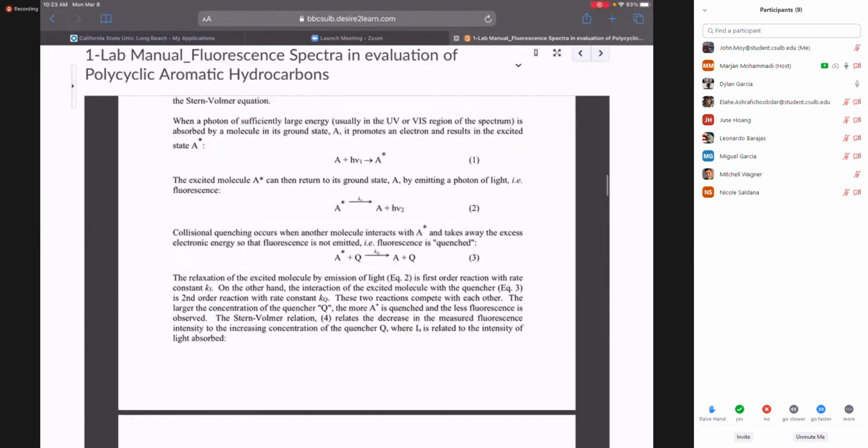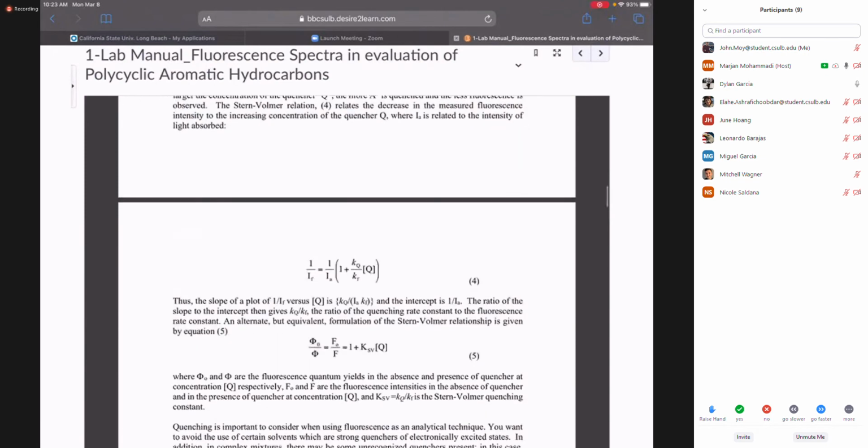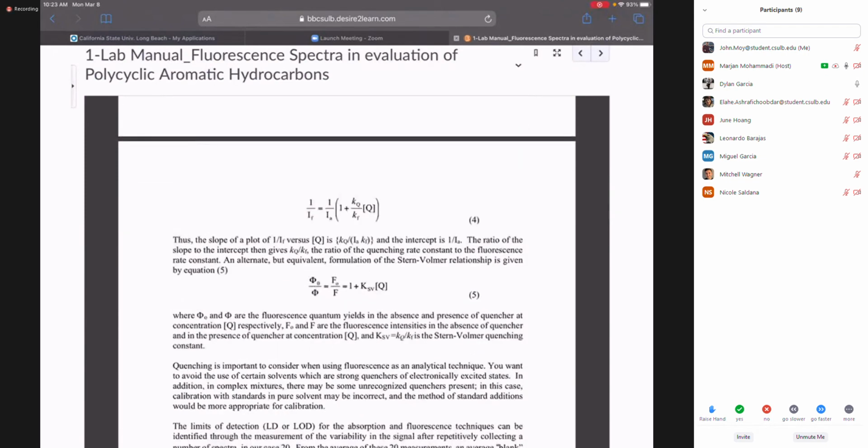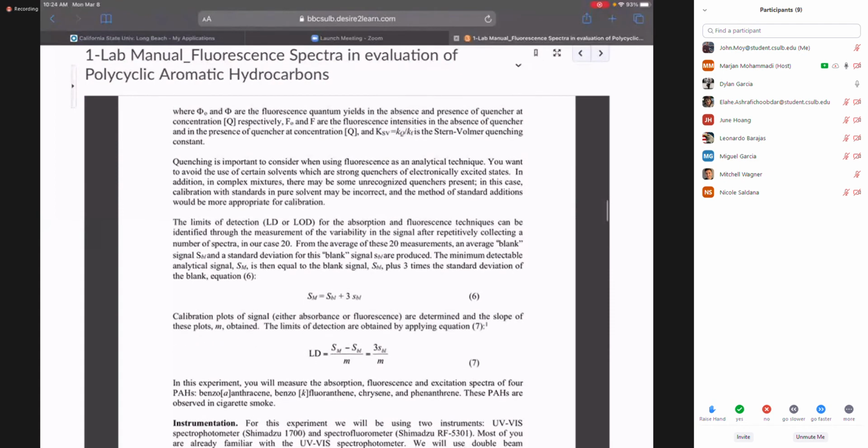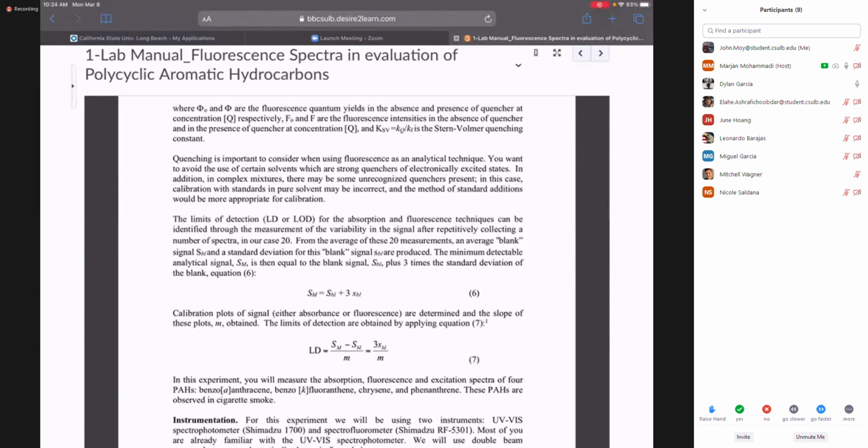Where do I have the quencher part? Here. You are going to find the Stern-Volmer relationship, plug the data in, and find the Stern-Volmer quenching constant. So you have all the formulas. Is that clear for the quencher part? I know this is a very long one, guys. Don't leave it for the last minute.